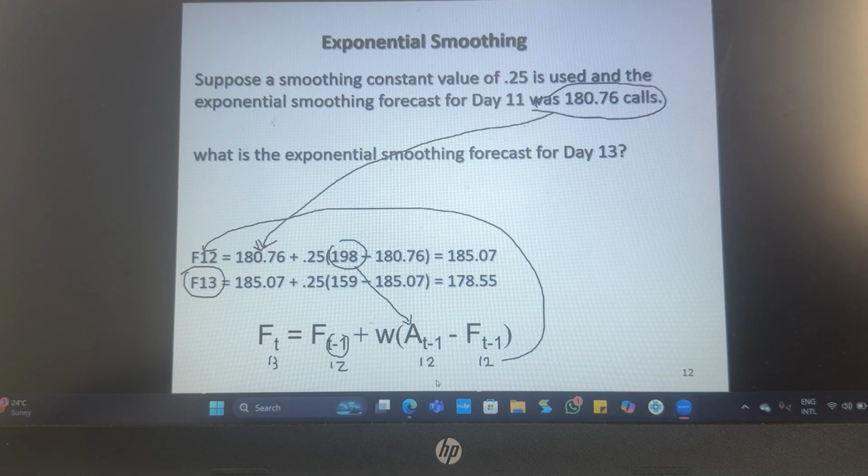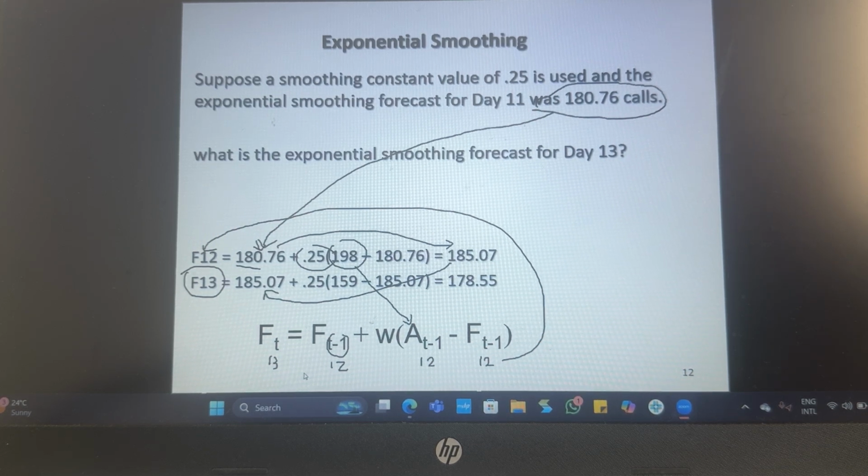Day 12 actual, minus the day 11 forecast. The difference between the two is the forecasting error. Out of that forecasting error, we take 25% and add it to the day 11 forecasted value to get this number. Okay. Now, using this number, we can calculate the day 13 forecasted value.